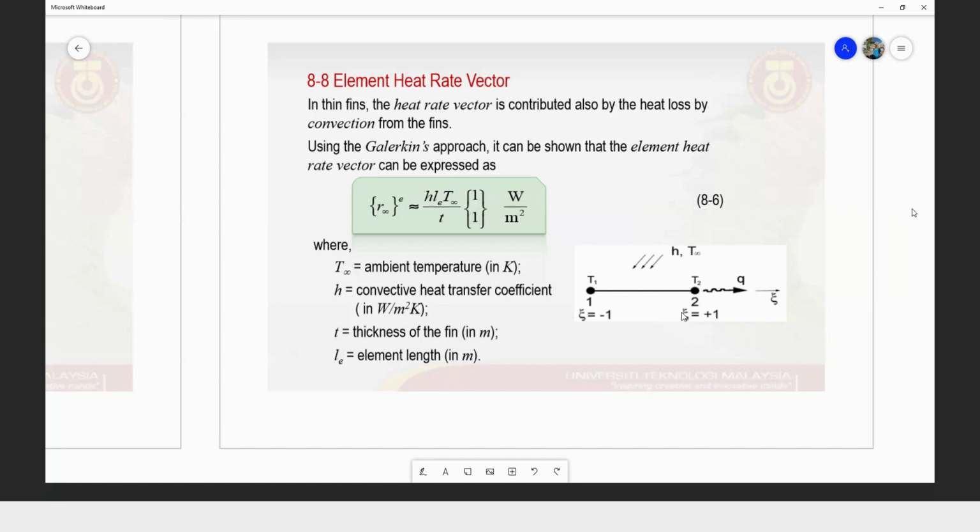So again, all the equations will be provided, so you do not need to worry.